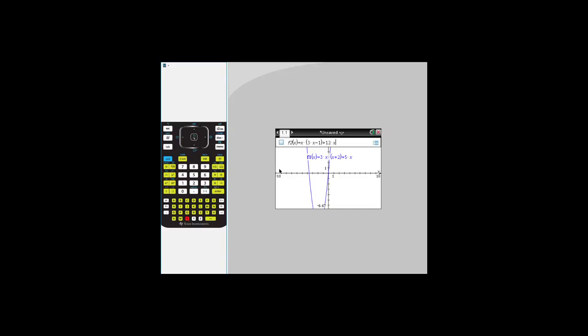And I'm going to hit enter. Okay, and now I have 2 graphs, and it's really inconveniently put both expressions on top of each other. So I'm going to grab one of them and move it down so I can see the 2 of them without having to move stuff around.